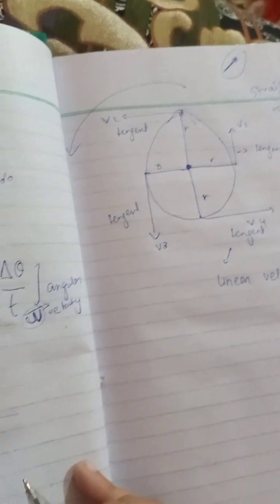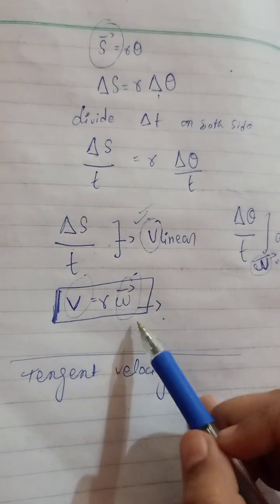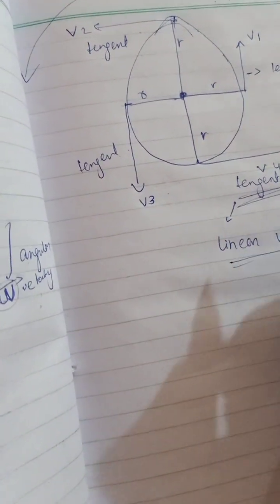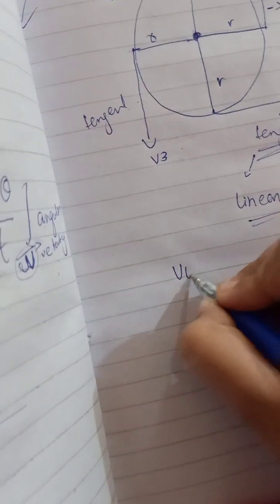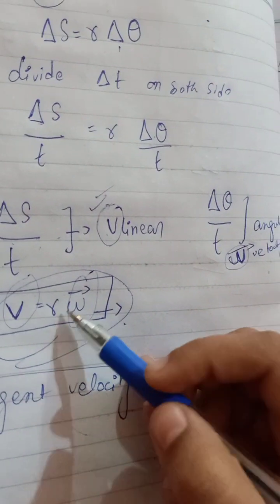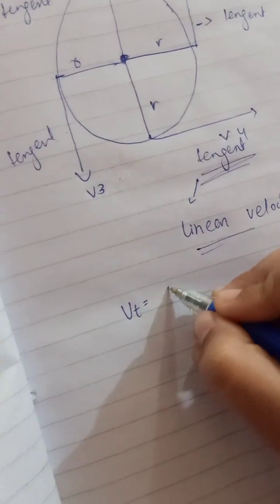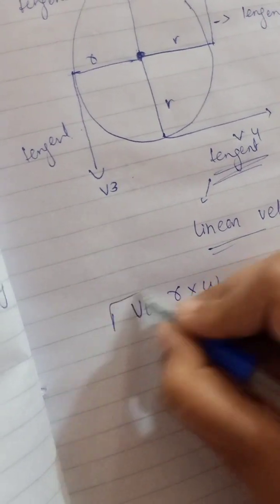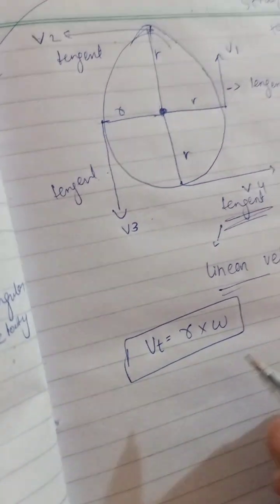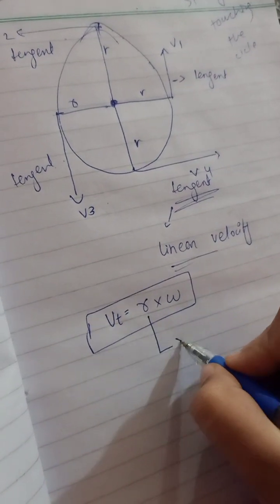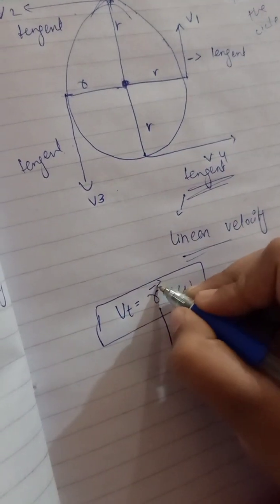We have the formula of the linear and the angular velocity, that is this. So we have the tangent velocity. We can write here the tangent velocity is equal to the same, radius into omega. Radius into omega. So this is the formula of the tangent velocity. We consider r as a position vector because of the arrow.